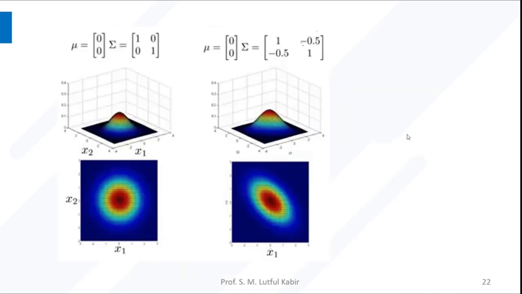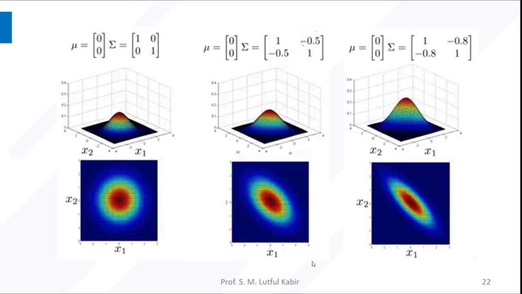Let us see another effect. If it is minus 0.5, the direction has changed. Instead of plus 45 degrees, for example, it is minus 45 degrees. Similarly for 0.8, again the same case, but in the opposite direction. The angle is in the negative direction.